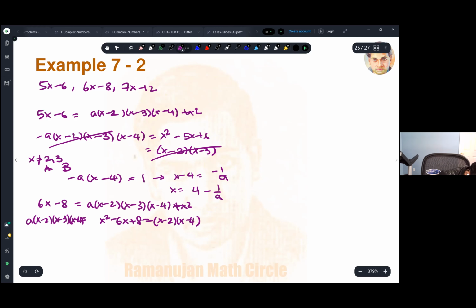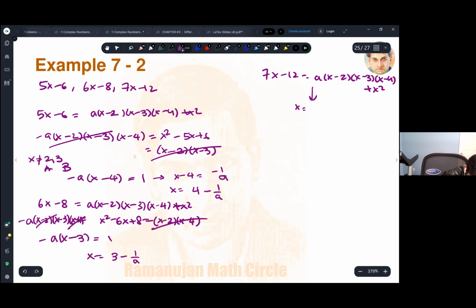Similar concept, so this cancels, and then you get a times x minus 3 is equal to 1. So then x is equal to 3 minus 1 over a. And if you follow the same process for 7x minus 12 is equal to a times x minus 2, x minus 3, x minus 4, plus x squared, then you get that x is equal to 2 minus 1 over a.